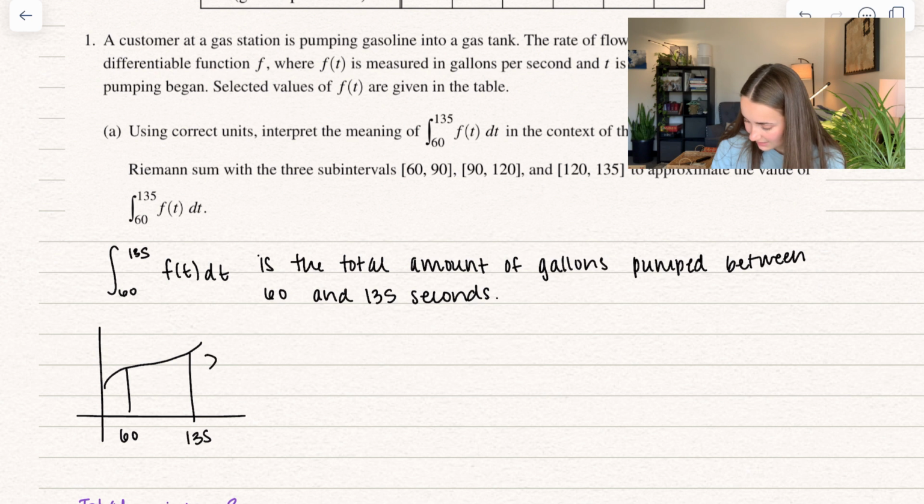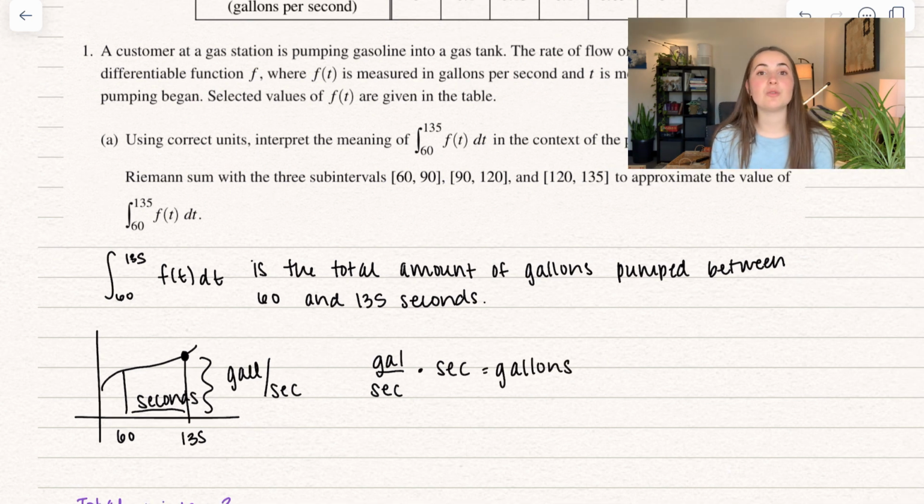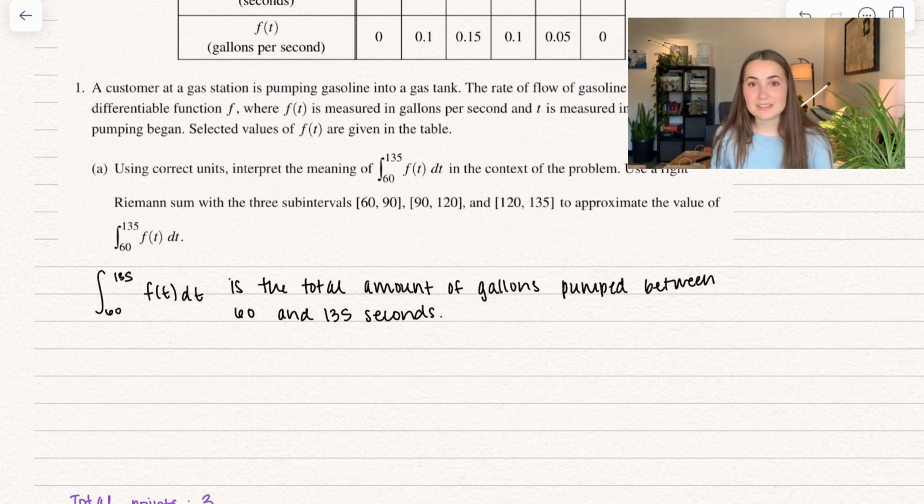So we're taking the height, which is up to our function, so this is gallons per second, and we're multiplying it by the width, which is in seconds. Gallons per second multiplied by seconds leaves us with just gallons, right? When you integrate, you lose the rate of change per second, and we're just left with gallons. And then the bounds tell us when the time is occurring, so between 60 and 135.